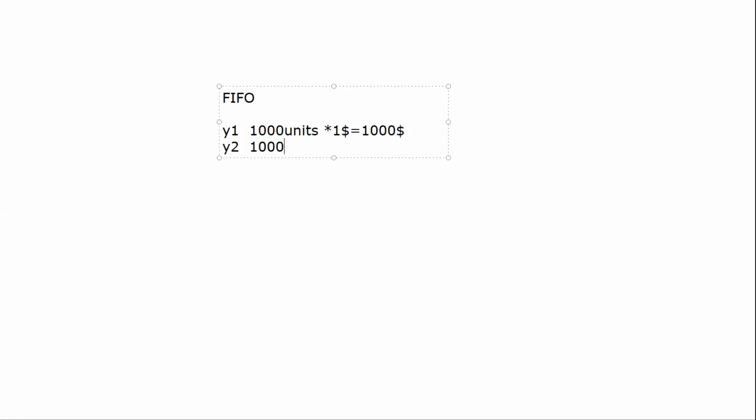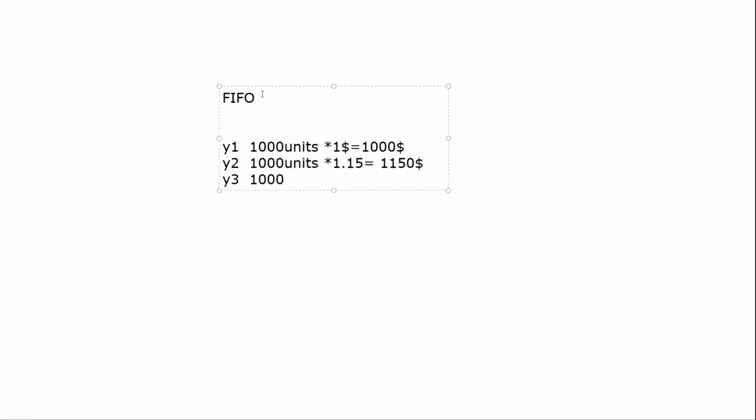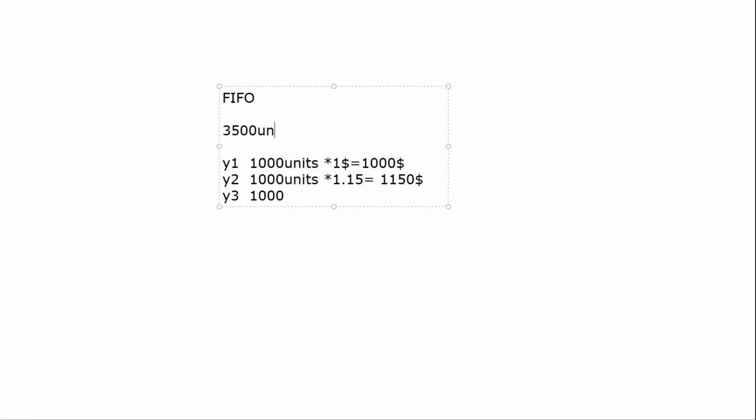So in year 2, still we'll use 1,000 units. And the price in year 2, if you check the table itself, was 1.15. In year 3, still we are using 1,000 units. If you remember, guys, we sold 3,500 units at $2, and our revenue is $7,000 now. Now we are calculating the cost to construct the income statement.